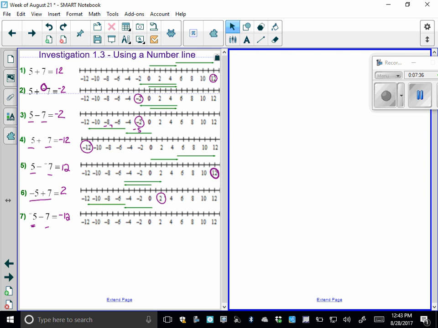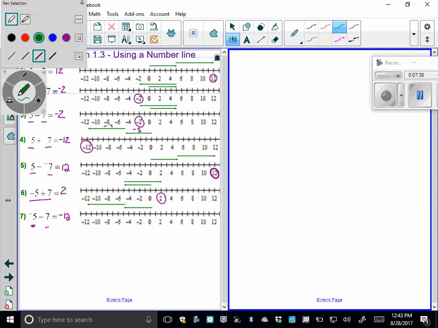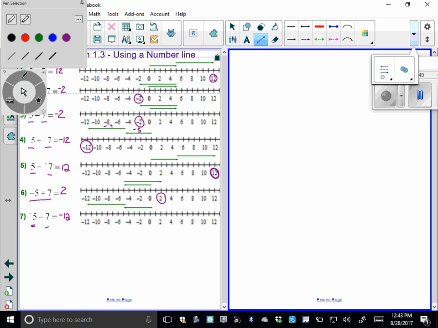And if I take one of these number lines and make a new number line here, I just want to show you that the book sometimes does this a little bit different.